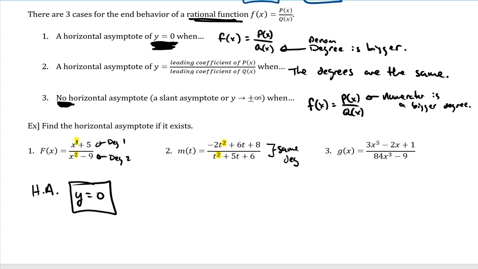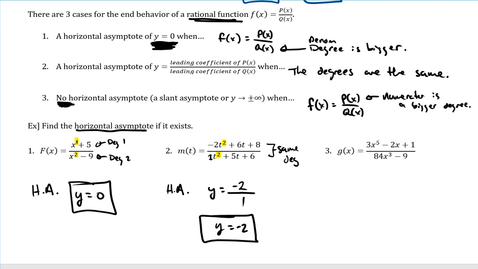Same degree. Which means my horizontal asymptote is found by taking the leading coefficient. So my leading coefficient of the numerator is -2, divided by the leading coefficient of my denominator. Remember, this would have a 1 right there attached to it. So that means 1 is in my denominator. And then we would simplify. This would be just y equals -2.